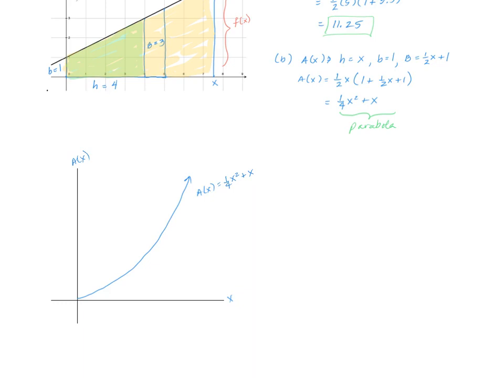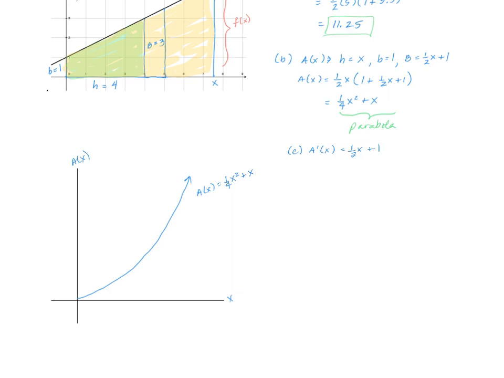Now, the last part, C. C says to find A prime, or the derivative of A. The derivative of 1/4 x squared plus x is going to be 2/4, which would give us 1/2 x plus 1.